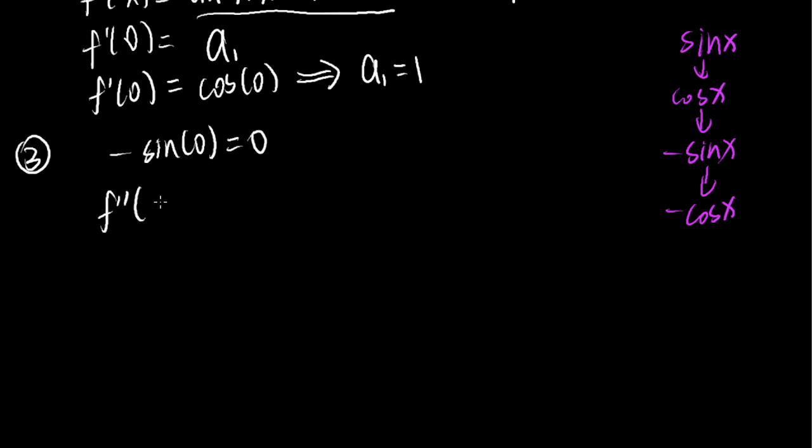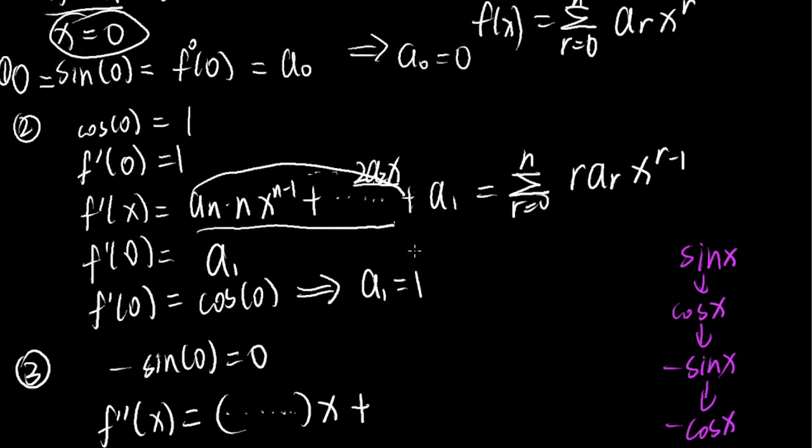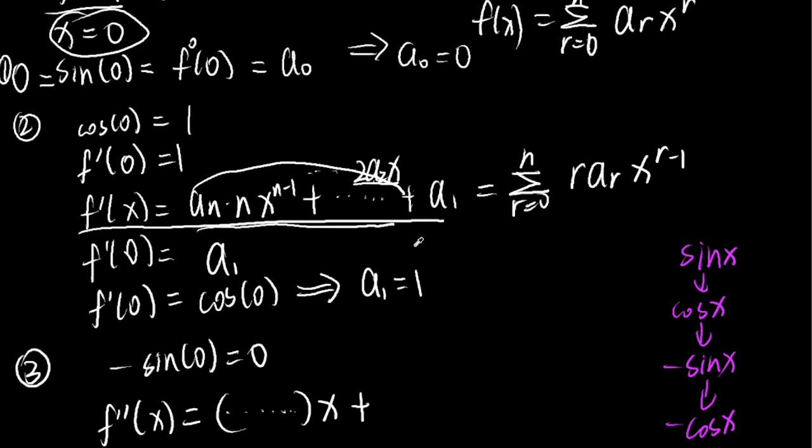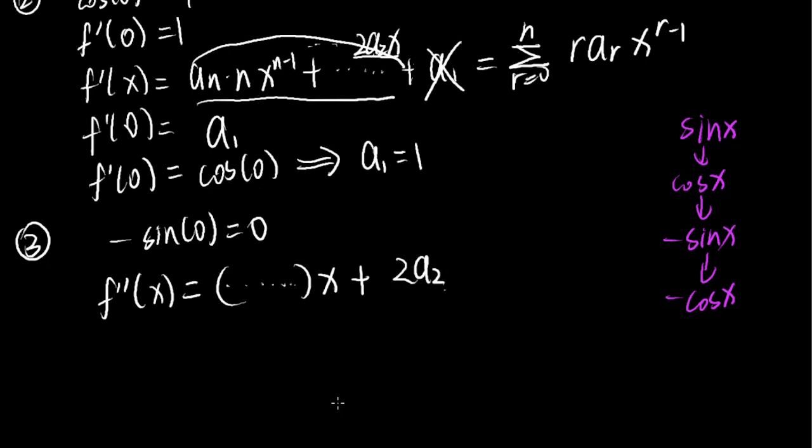The second derivative should be a lot of terms times x plus a constant. Taking the derivative of f'(x) again, the constant is eliminated and the only thing left is 2a_2.